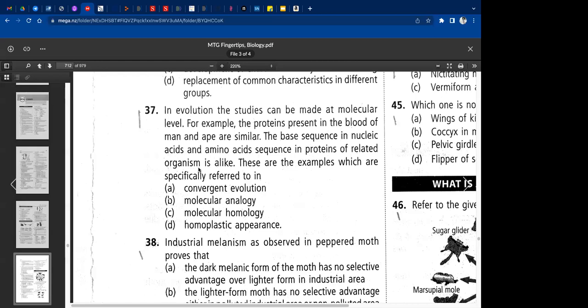For example, the proteins present in the blood of man and ape are similar. The base sequence in nucleic acid and amino acid sequence in proteins of related organisms is alike. These are the examples which are specifically referred to in A, convergent evolution, B, molecular analogy, C, molecular homology, and D, homoplastic appearance. Just think carefully.